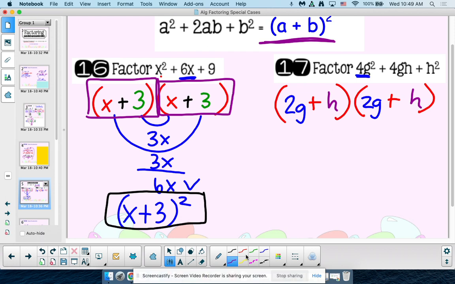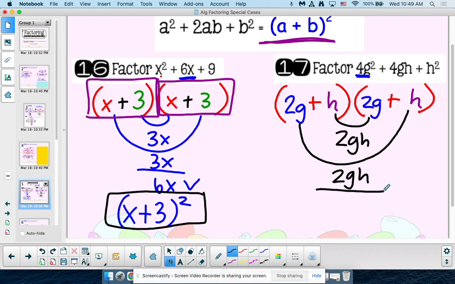So again, check yourself. We do have the same thing written twice, so that is a good way to check. But the best way to check, you guys, is to check the middle terms, okay? H times 2g would just be 2gh. Kind of goofy, but that's what it is. 2g times h is, again, 2gh. If I combine those, how many gh's do I have? I have 4gh, which is what we wanted right there.